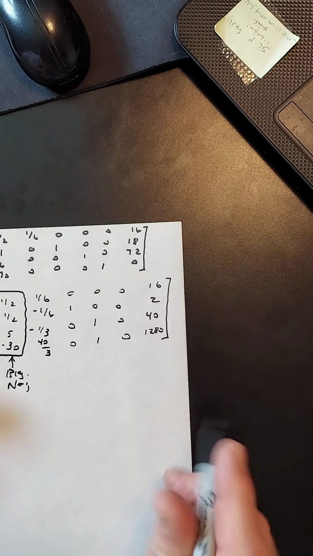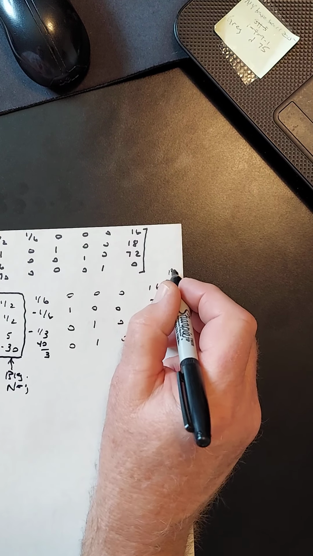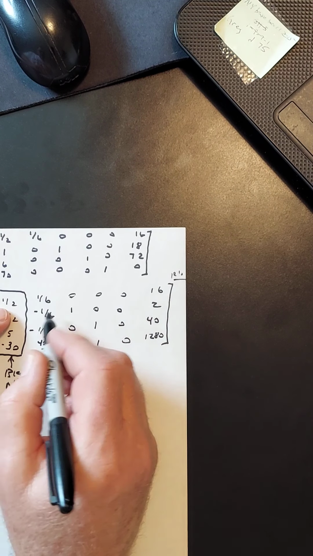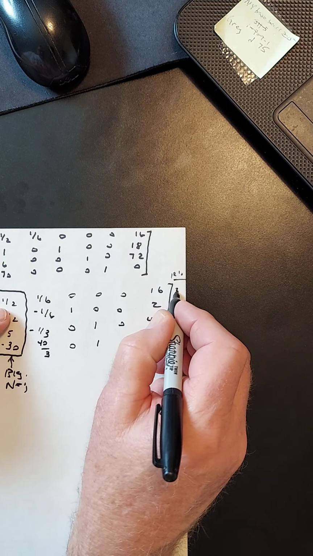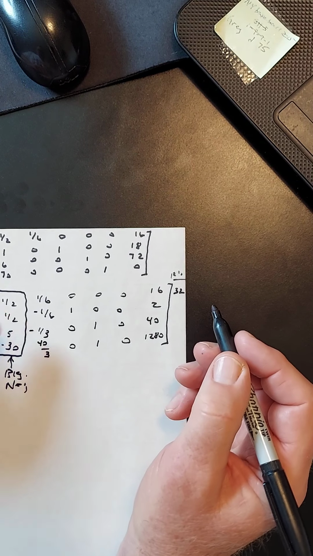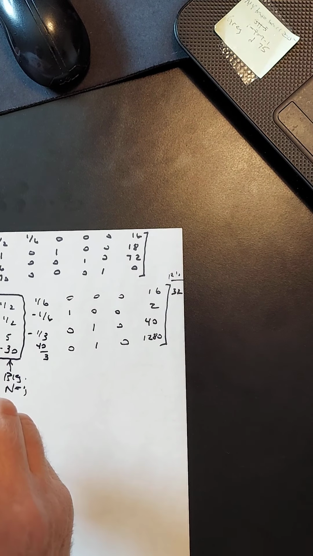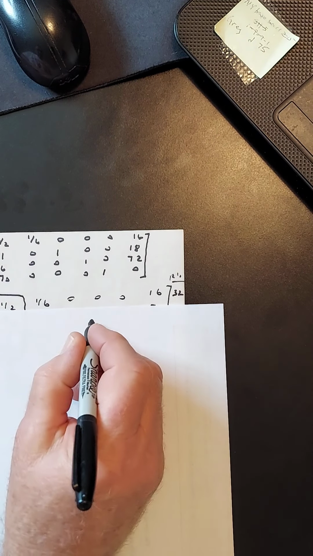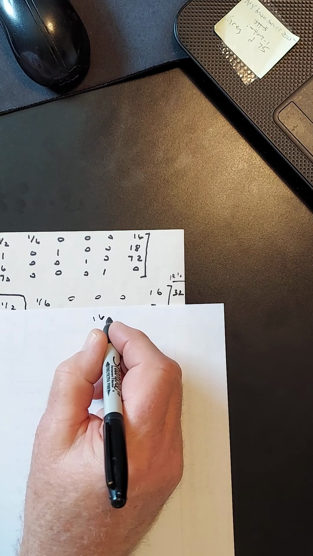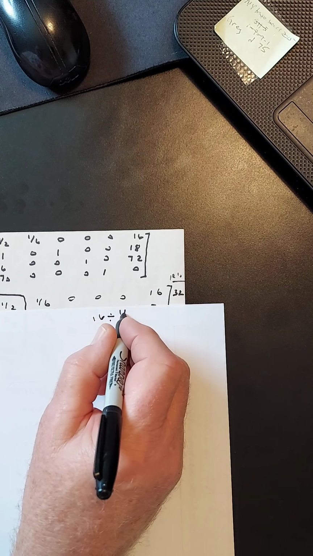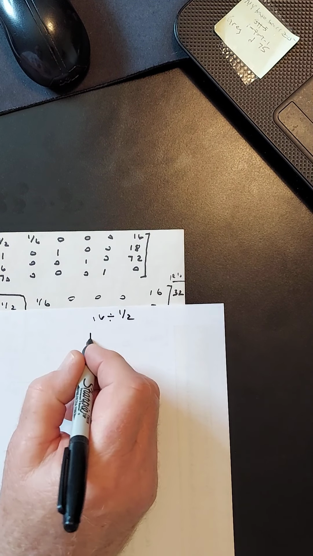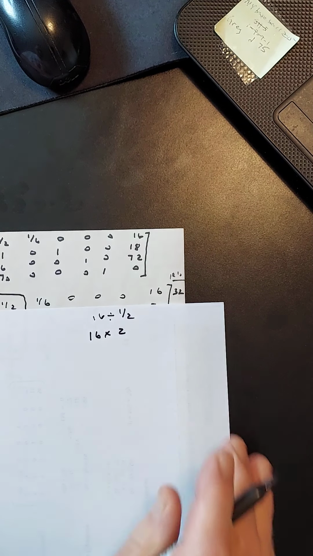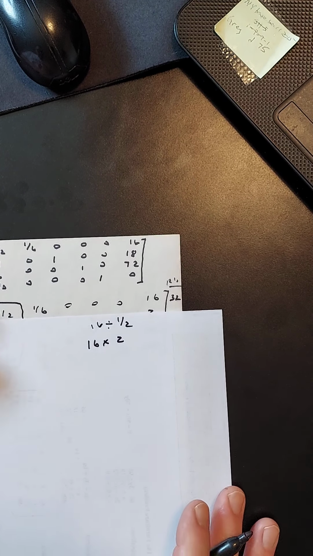And then we go over here and we want to come up with the ratios. So I've got 16 over 1/2. That's going to be 32. We just come off to the side here. So if I was doing this one, this would be 16 divided by 1/2. So 16 times, remember how you invert and multiply, 16 times 2 gives you 32.